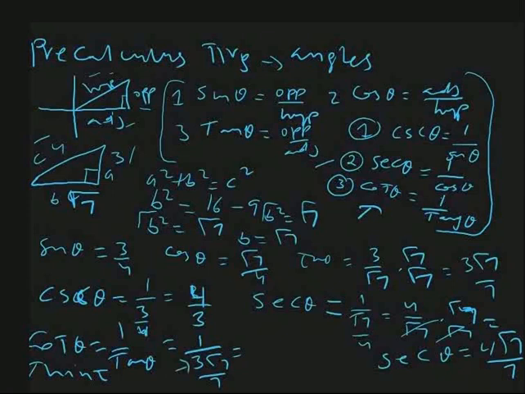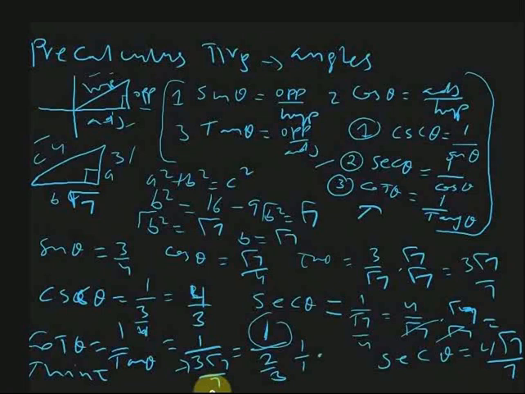You don't want to keep the 3 square root of 7 over 7 as a fraction with a radical in the denominator, so you have to use the same method I used for cosine and sine. With a basic fraction, let's say you have 1 over 2 over 3, we learn to flip around the 2 and 3 and do the multiplication. So that will become 1 over 1 times 3 over 2.